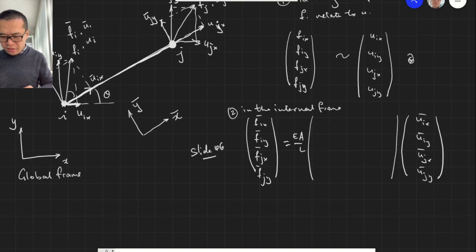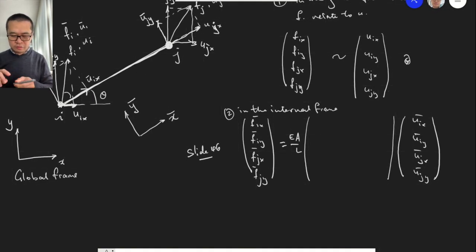The first thing to notice is that anything to do with the Y component should go to 0. Because if the bar is in equilibrium, there shouldn't be any forces orthogonal to the bar. So if on the two nodes the Y components go in the same direction, then the whole bar will move like that. If on the two nodes the forces along the Y bar direction are opposite to each other, this thing will rotate.